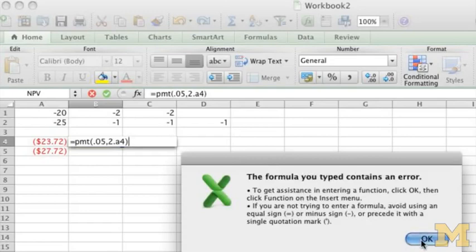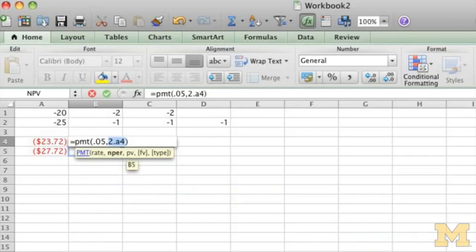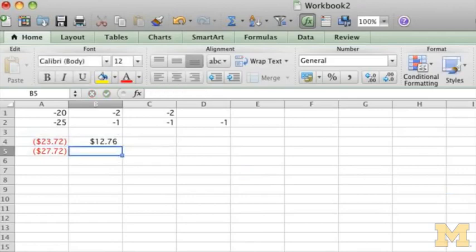Let's figure out what it is. It's 0.05, 2, and that's a period. Ryan here caught me, and look at my fingers, they go all over the place. Okay. 12.76.